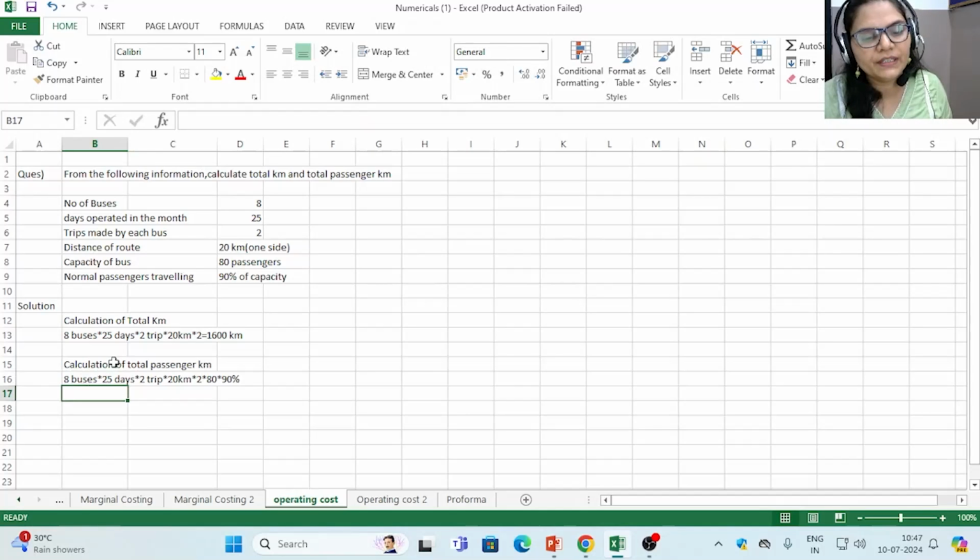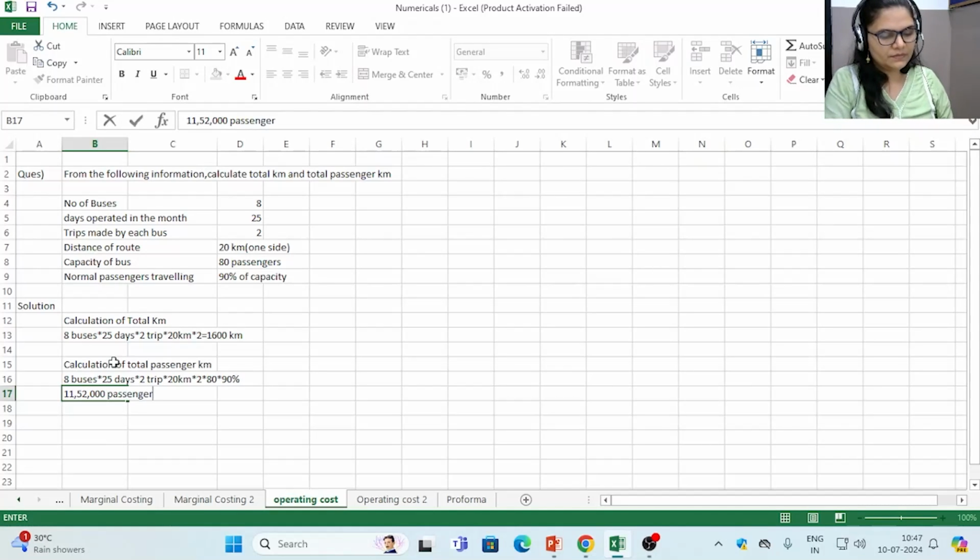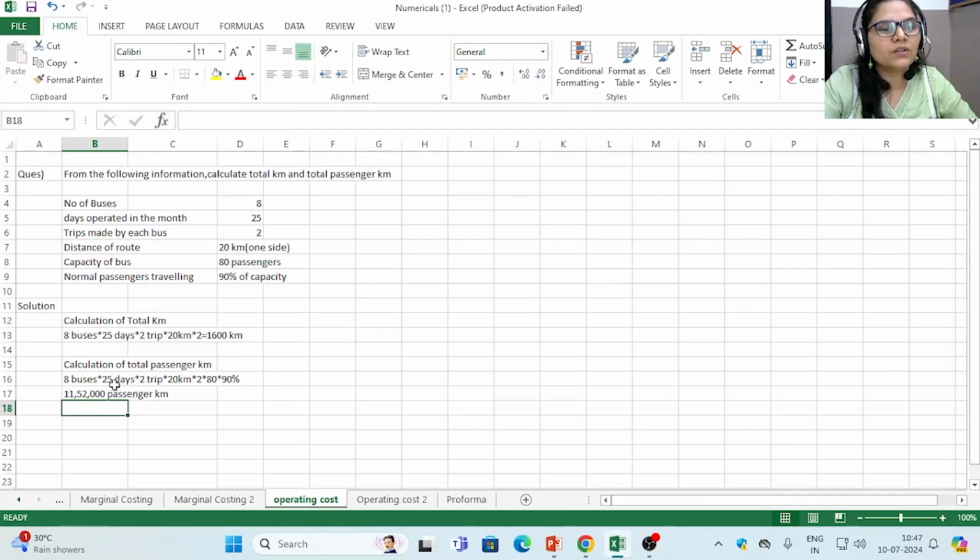So it will be 11,52,000 passenger kilometer. So this is the calculation of total kilometer, and this is the calculation of total passenger kilometer in case of operating costing.